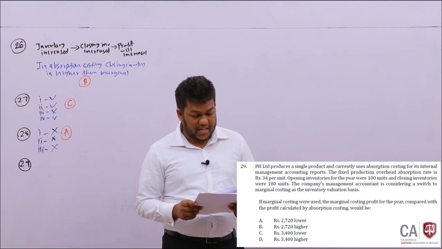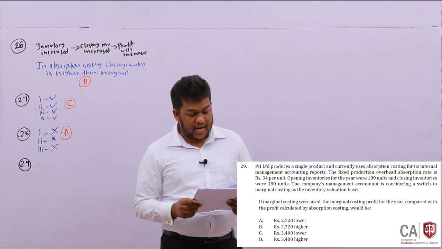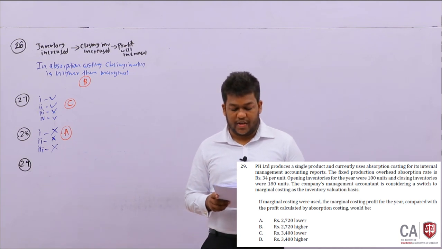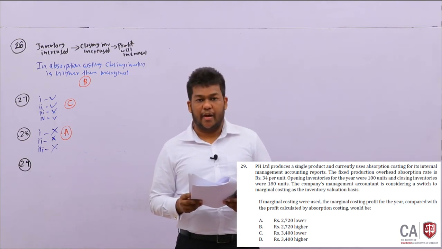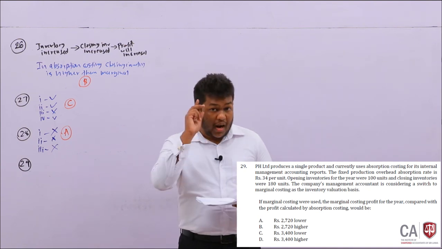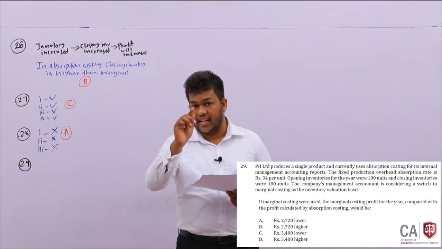Opening inventory for the year was 1000 units and closing inventory was 180 units. The company's management accountant is considering a switch to marginal costing as the inventory evaluation basis. See, the examiner is always testing marginal and absorption because most of the students will not identify the logic. But now you know the logic. You can tackle these questions in the real exam.